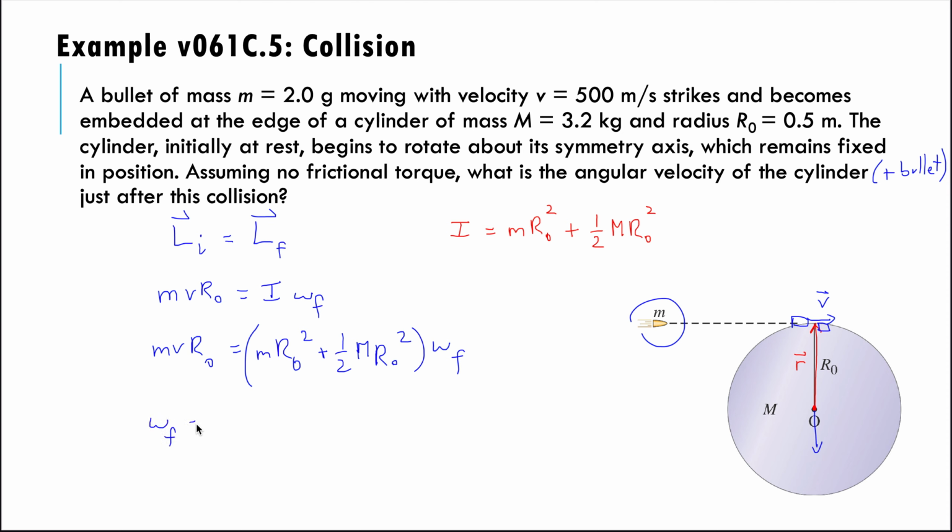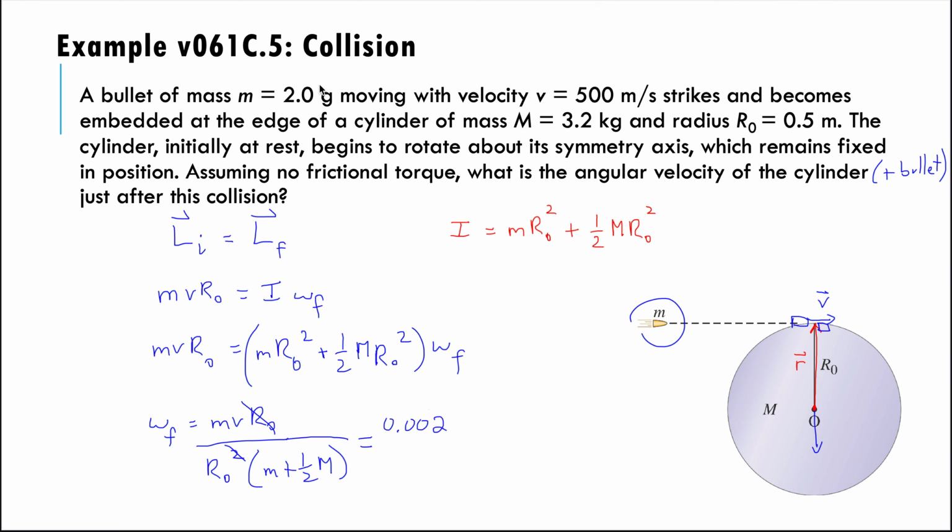Omega final equals m v r naught over, and we can factor out the r naught squared here, r naught squared times (m plus 1/2 M). So we can see that one of the r naughts cancels out, and then we can plug in our values.